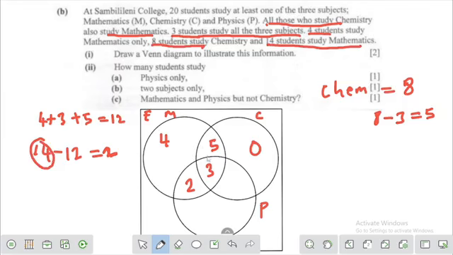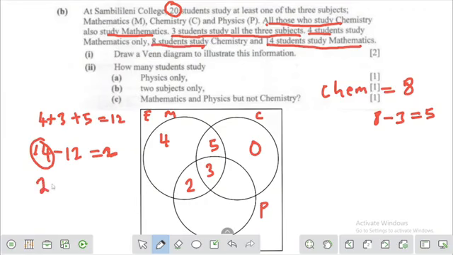Then, from here, we have the set for physics. So what are we going to do to put numbers here and here? We have been told the total number of students who study at this college is 20. So to know the students that are remaining for physics, we are going to add 4 plus 5 plus 3 plus 2, then subtract from 20 because that is the total number of students.